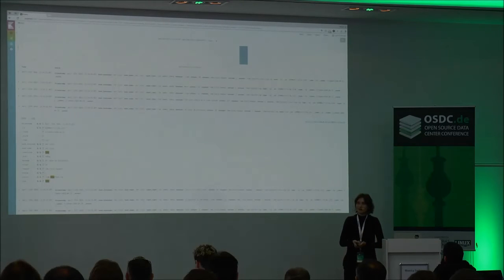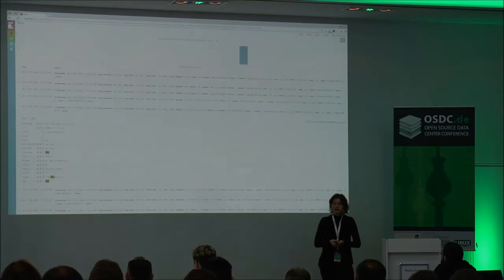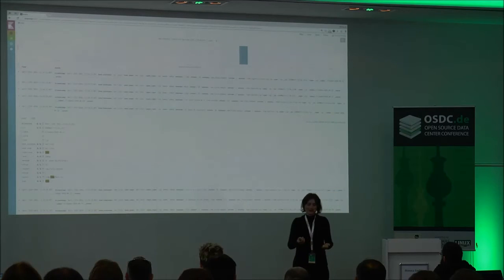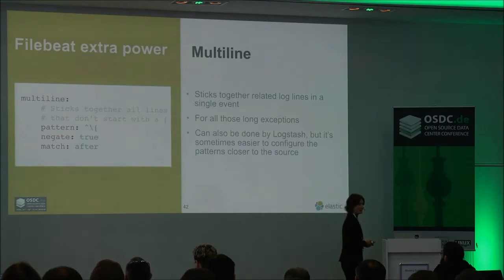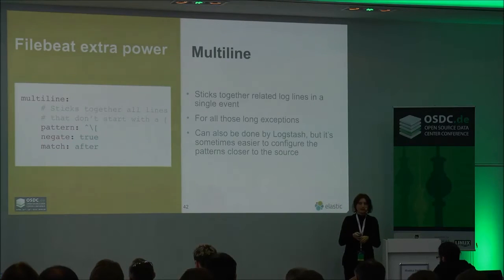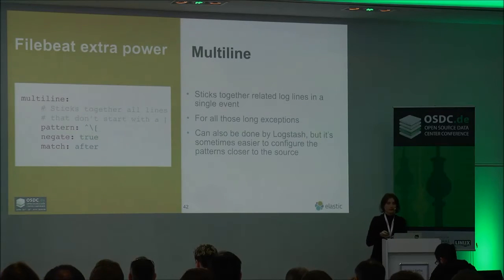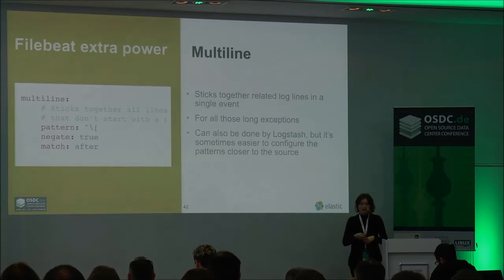For example, in Java, it's common to have exceptions on multiple lines, and the default behavior won't work. So for this, we have the multi-line functionality that gathers multiple log lines together into one line. And you can group them together by using a regular expression.